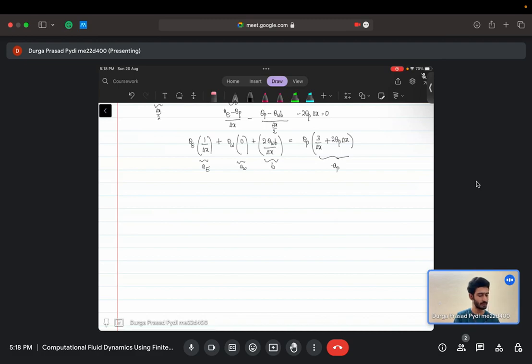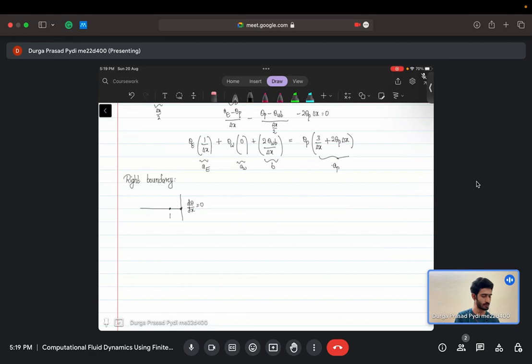Now on the right boundary, you have a Neumann condition. This is my right boundary where d theta dx is equal to 0.